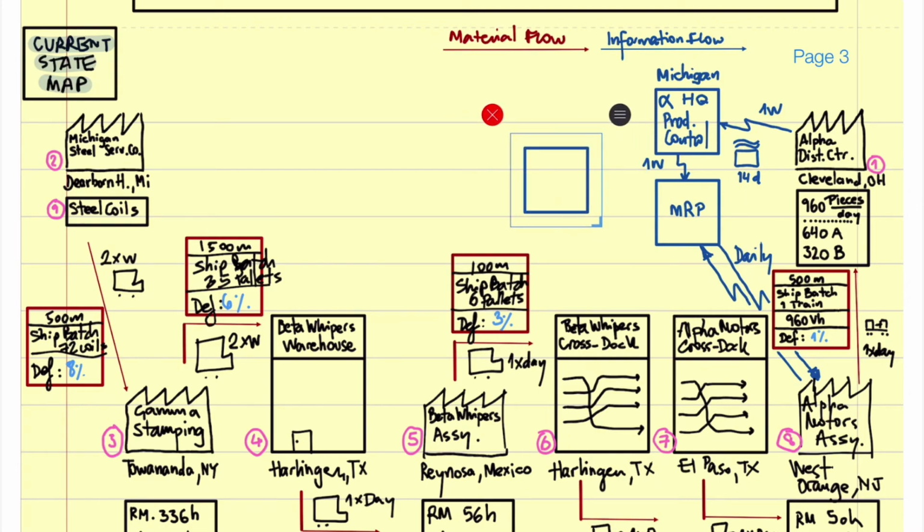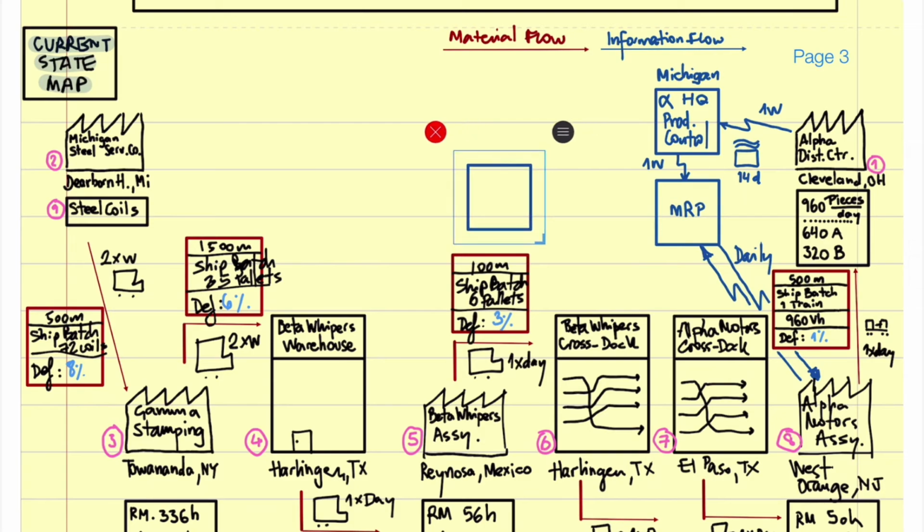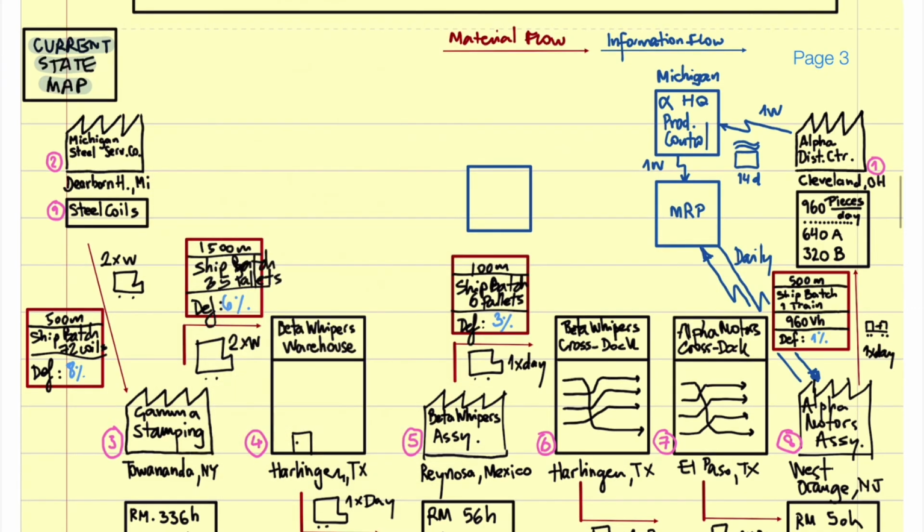So here we have another box. This is the plant production control, also MRP, in Harlingen, Texas, and what they're doing is sending the information to the supplier daily and weekly.